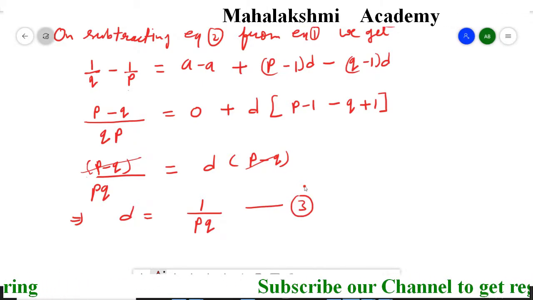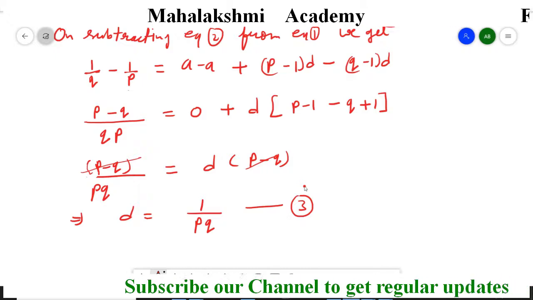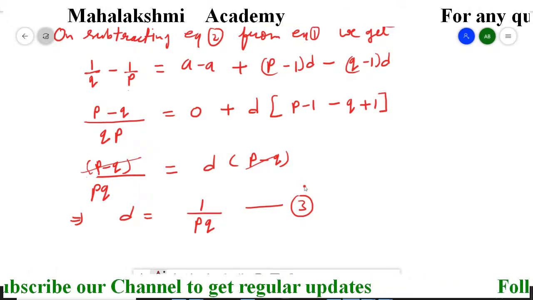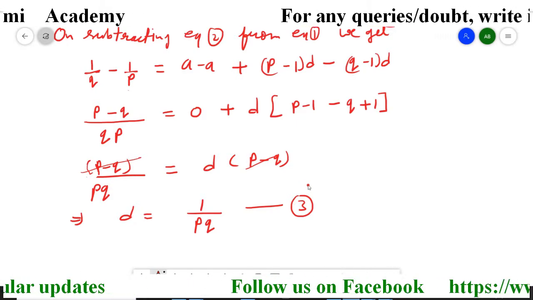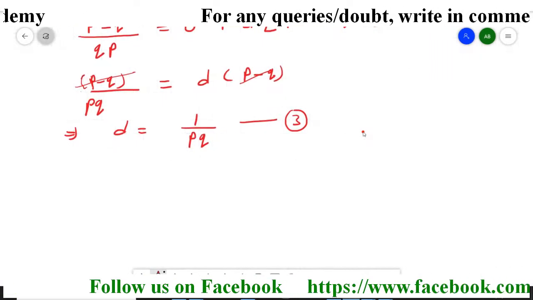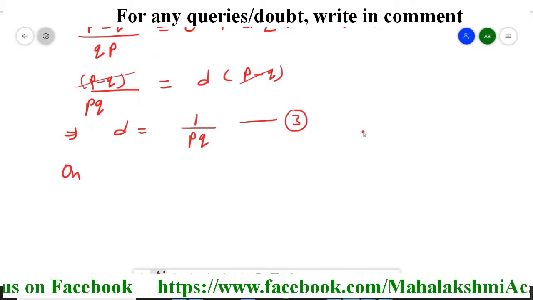Now this value of d, either you substitute in equation 1 or in equation 2 to get the value of the first term. So we will replace it in equation 1.